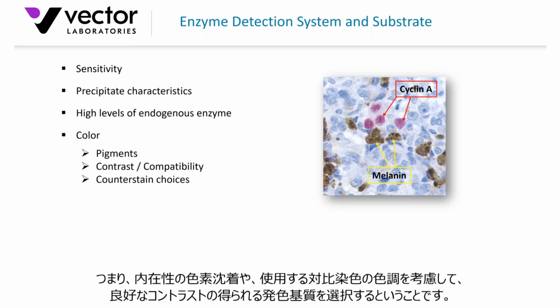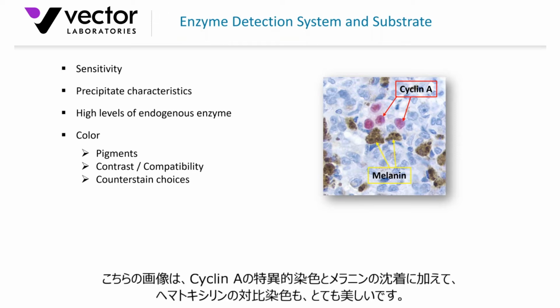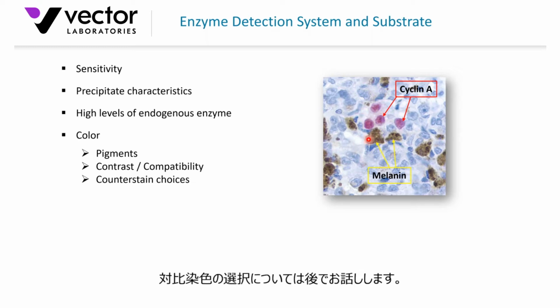You want clear, unequivocal demarcation of those target antigens. And have a look at the staining here we've got for hematoxylin, contrasting nicely against both the target antigen stained with cyclin A, as well as the inherent melanin there. We'll talk a little bit about some counterstain choices a little later on in the webinar.